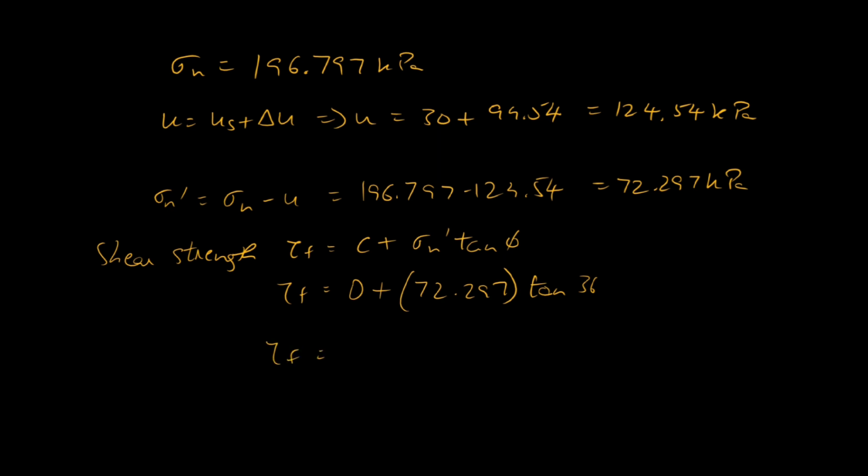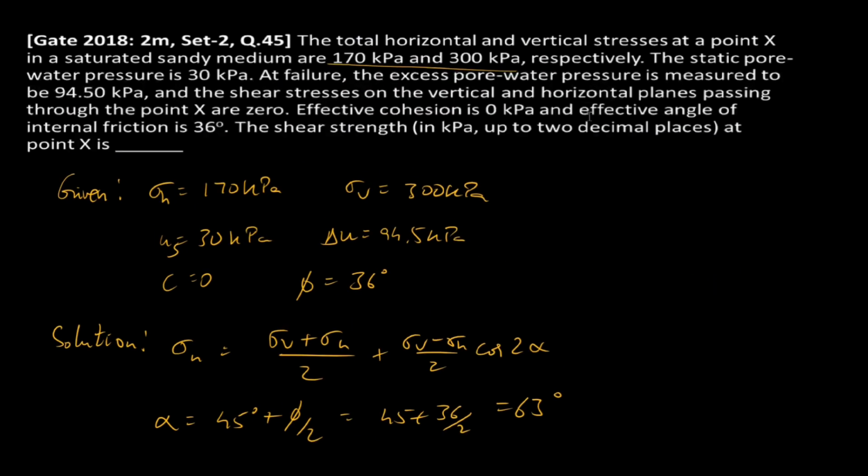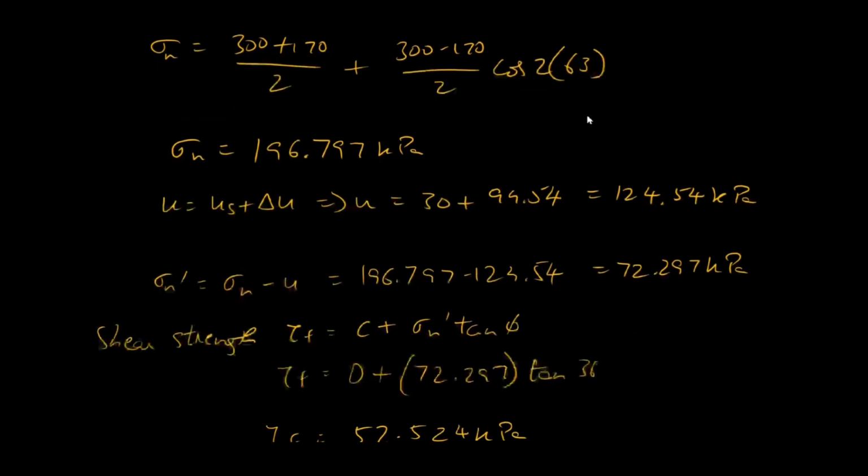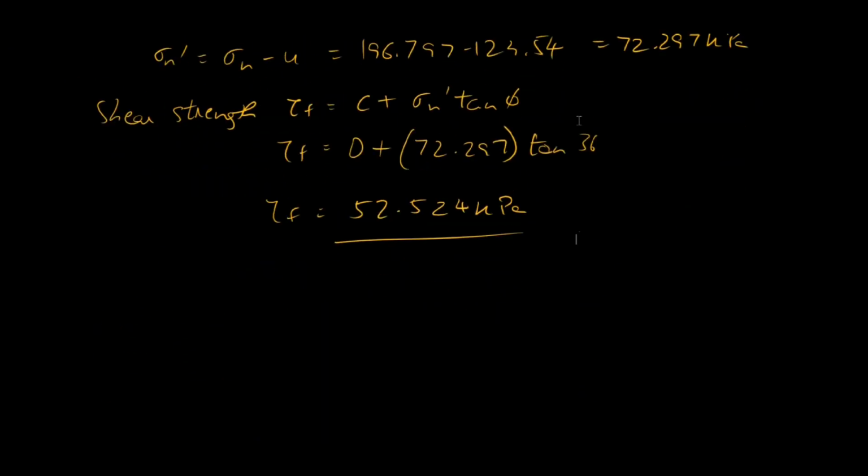So tau F will be 52.524 kilopascal. They asked us to find it up to 2 decimal places. So you take tau F will be 52.52 kilopascal. Okay.